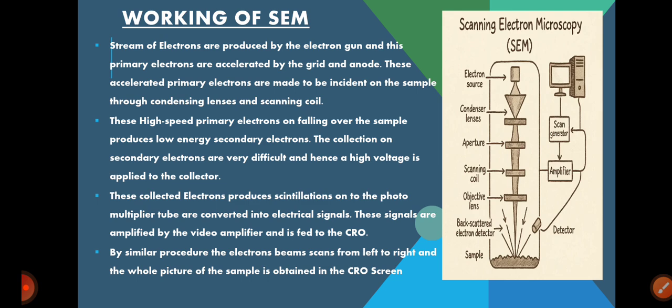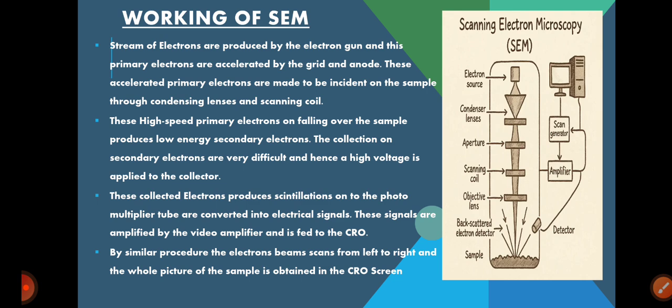By a similar procedure, the electron beam scans from left to right, and the whole picture of the sample is obtained on the cathode ray oscilloscope screen. Compared to the transmission electron microscope, in this scanning electron microscope what we use extra is the scanning coil. Why do we use this scanning coil?